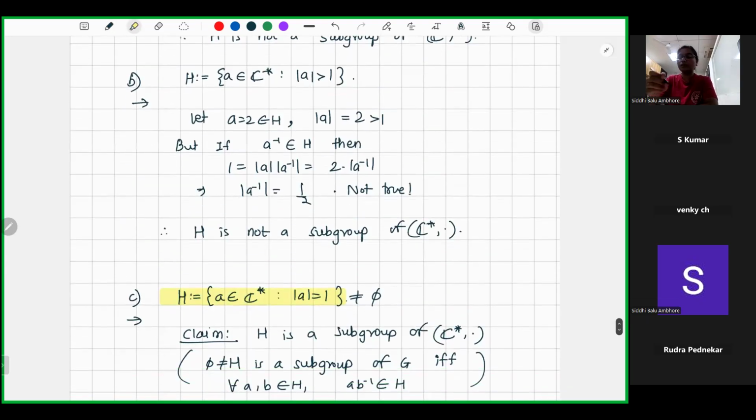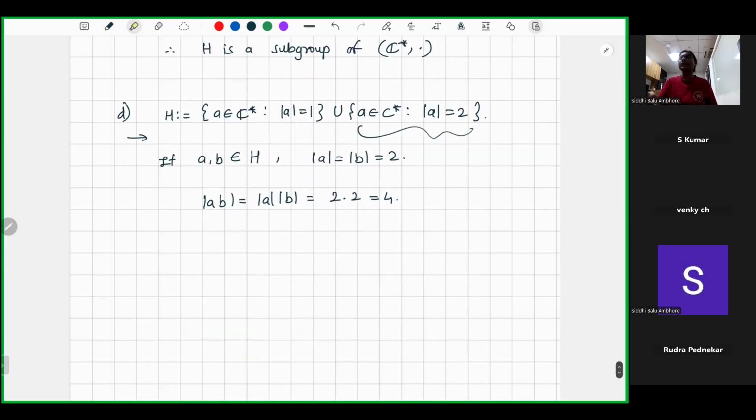Similarly, if the modulus of two elements is greater than 1, their product will again have modulus greater than 1. So again, in this case we had to involve A inverse to say that A inverse will have size greater or less than what is required for the inverse to land in the set H.